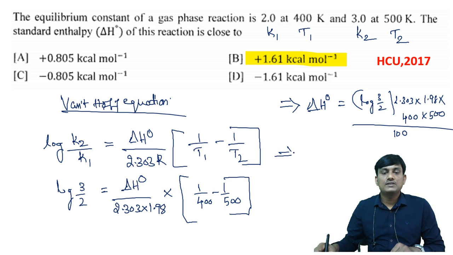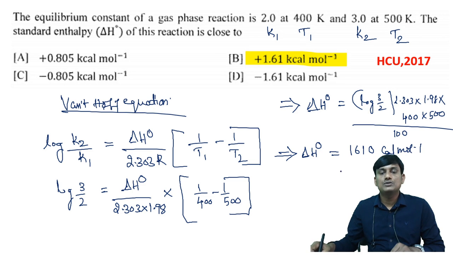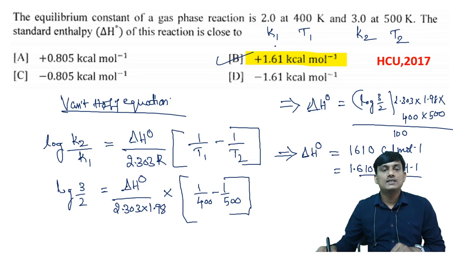After simplification, you will get delta H naught is equal to 1610 calorie mole inverse. So when you convert into kilocalorie, it will be 1.610 kilocalorie mole inverse. So the correct option is B.